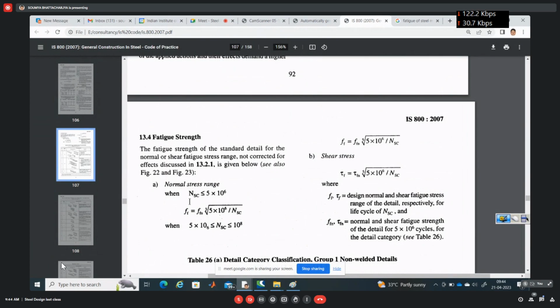That is your endurance capacity. So NSC is the number of cycles that we have already calculated, that the gantry girder is subjected to, or the number of punches you are going to have. Now, what is your endurance capacity?